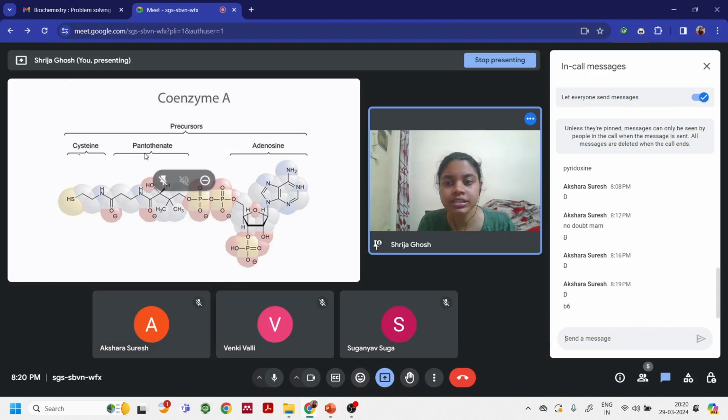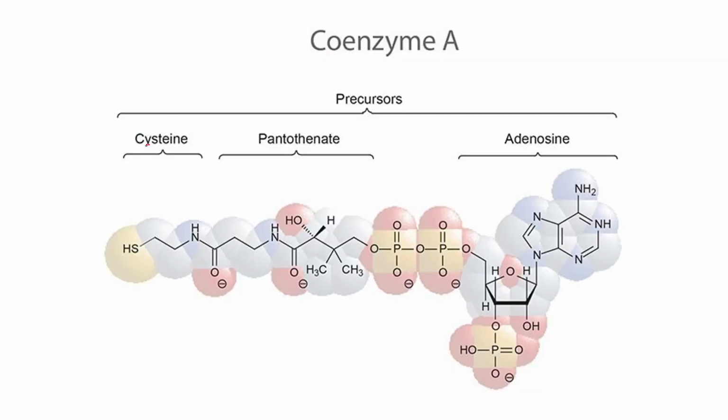So pantothenic acid, here we will see. So we have this coenzyme A, which is again a cofactor. So pantothenic acid is a part of this coenzyme A. So here you see coenzyme A has the adenine base attached to a ribose sugar. This ribose sugar is again attached to a phosphate group at the 3' position, and the pyrophosphate group is attached.